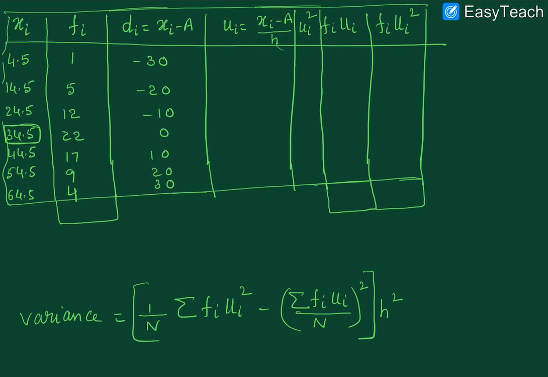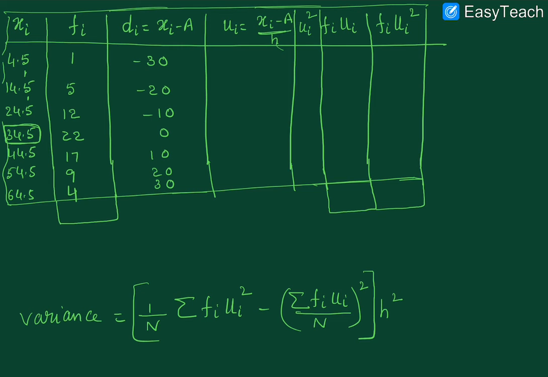These are di's: di is equal to xi minus assumed mean. Because the difference between two consecutive mid values is the same, ui also we find, that is xi minus a divided by h, where h is equal to 10.